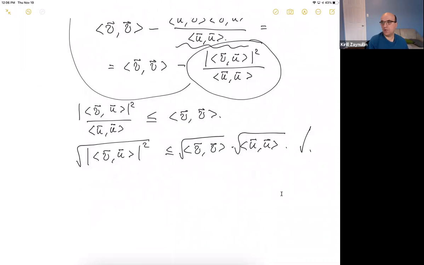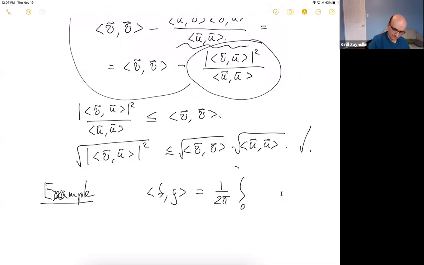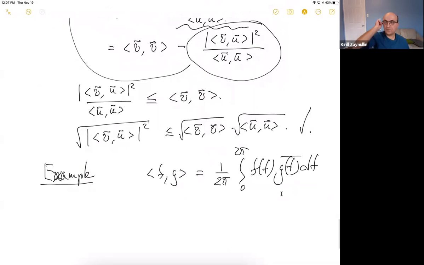You have probably seen it many times in the calculus class under maybe different names. Well, let me just give you an example. For instance, let's apply this inequality to complex valued functions and to this inner product, f(t) times g(t) bar.